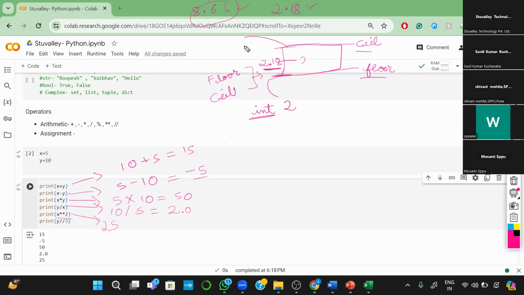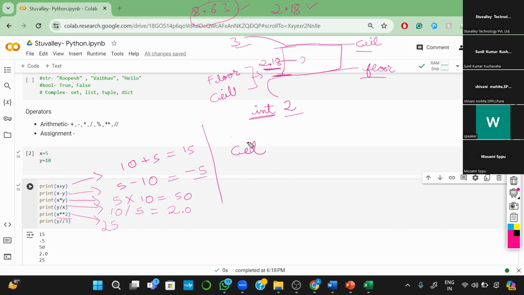And what is the integer value that is just greater than this? Everyone? 3 it is. So we'll write ceiling as 3. So now the problem is very simple. Once you have made this box and given floor and ceiling a particular value, your problem is solved.